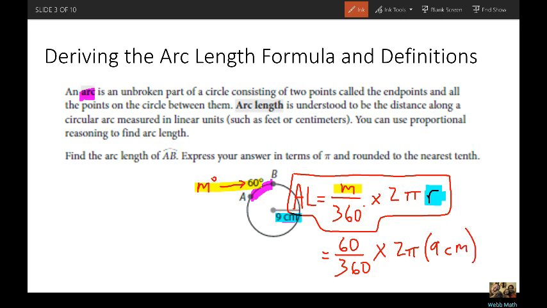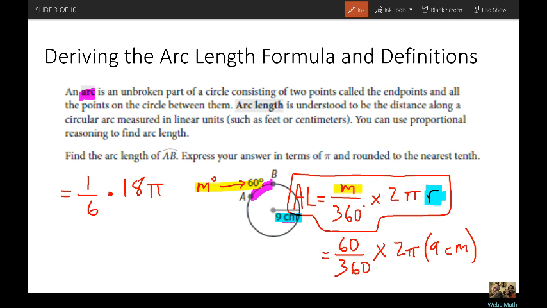So we can go ahead and reduce. 60 divided by 360, we can reduce. That just becomes 6 over 36, which is technically just 1 over 6, times, well, let's see, we can take care of the 9 and the 2. 2 times 9 is 18, which is just 18 pi.